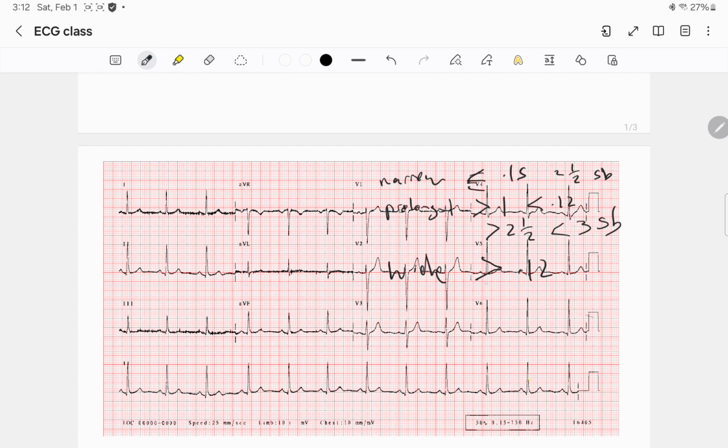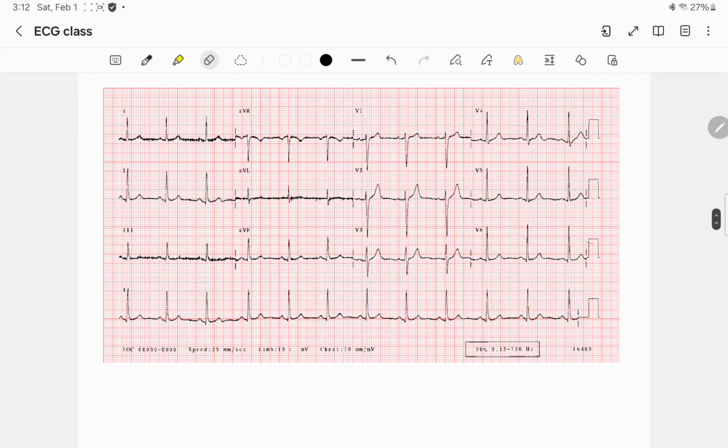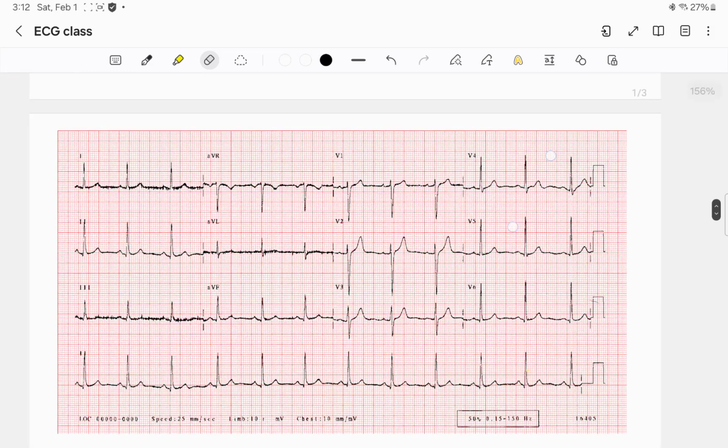greater than or equal to 0.12, same as greater than or equal to 3 small boxes. So if we look at the ECG, let's just pick a QRS complex because they're all the same. Let's look at V4.